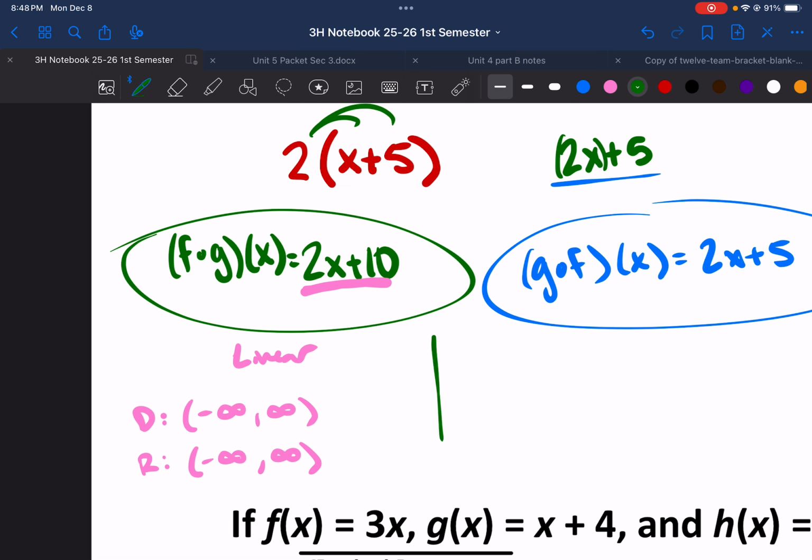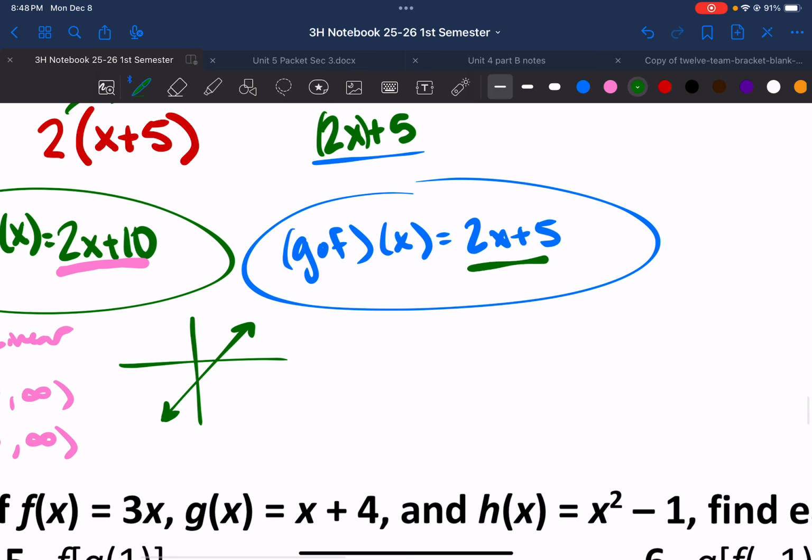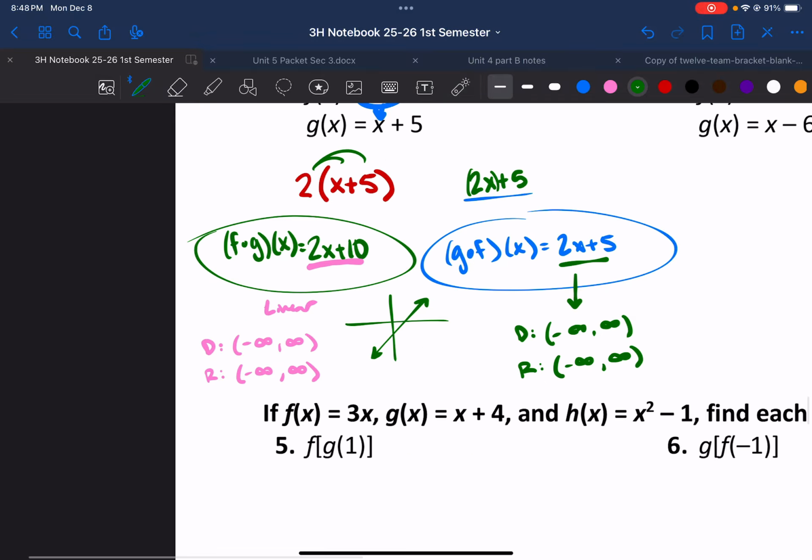If you can picture a linear graph, they look like that. They will cover all x values, all y values. This one is also linear. The domain, negative infinity to infinity. The range, negative infinity to infinity. Now I know I just went fast with that, but we should know by now that linear equations have a domain and range of negative infinity to infinity.